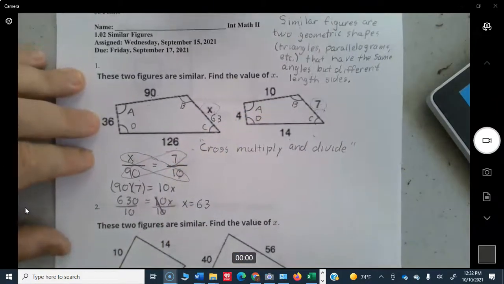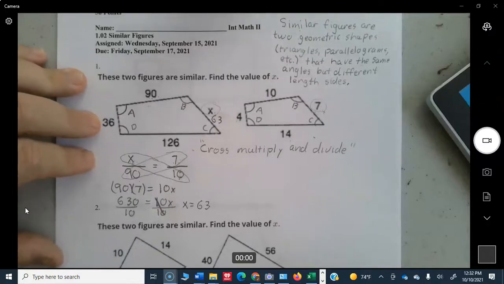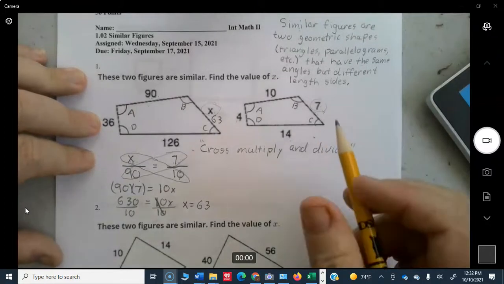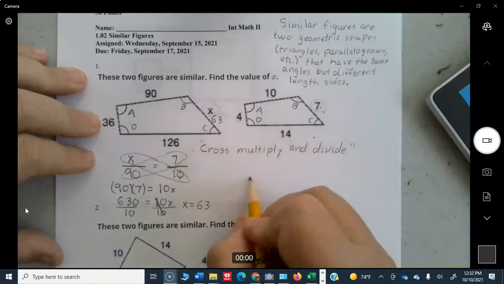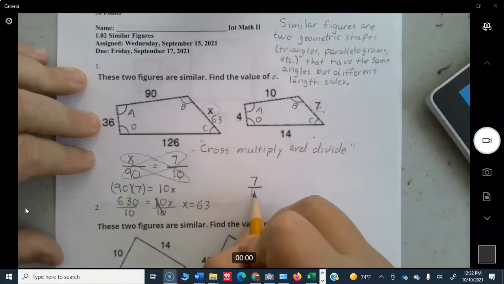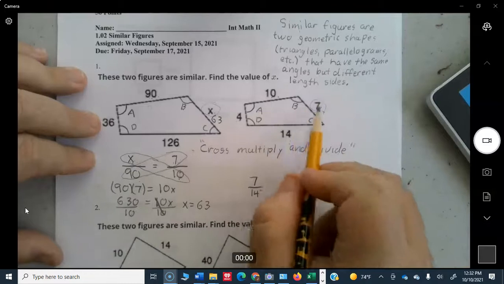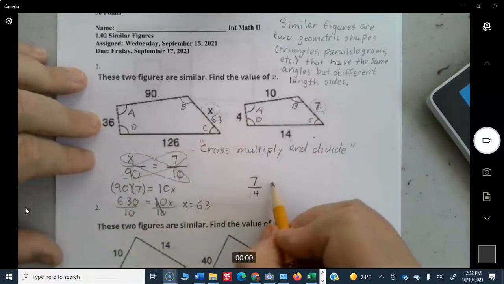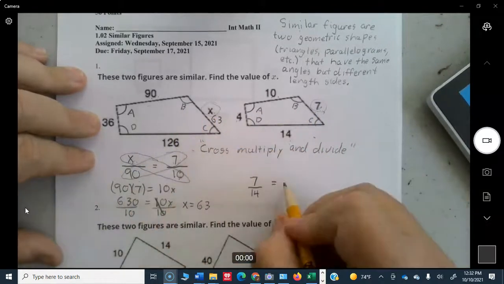Let's just prove that by using a different side. So let's say 7 is to 14 equals x is to 126.